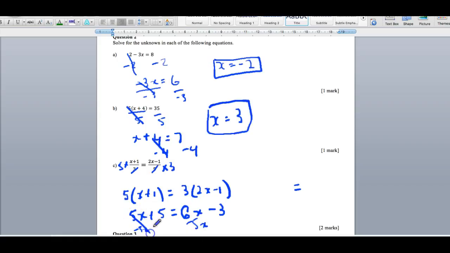So we're left with 5 equals 6x minus 5x, which is x, minus 3, and then add 3 to both sides. Now that last step I just did, you could have done that in one go as well. So x equals 8. If you couldn't do that one by hand, you could have done it easily with the CAS calculator using Solve and got 1 mark at least.